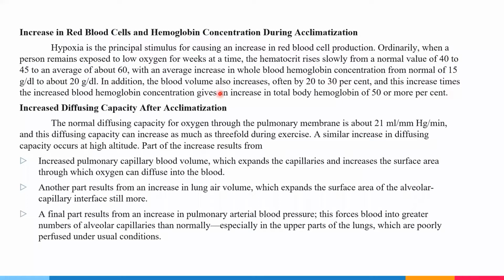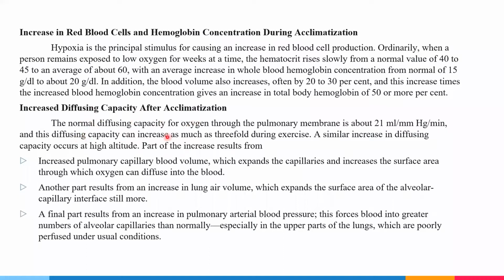In addition, the blood volume also increases, often by 20 to 30%. And this increase times the increased blood hemoglobin concentration gives an increase in total body hemoglobin of 50% or more. Thus, there is an overall increase in red blood cell and hemoglobin concentration during acclimatization as well.